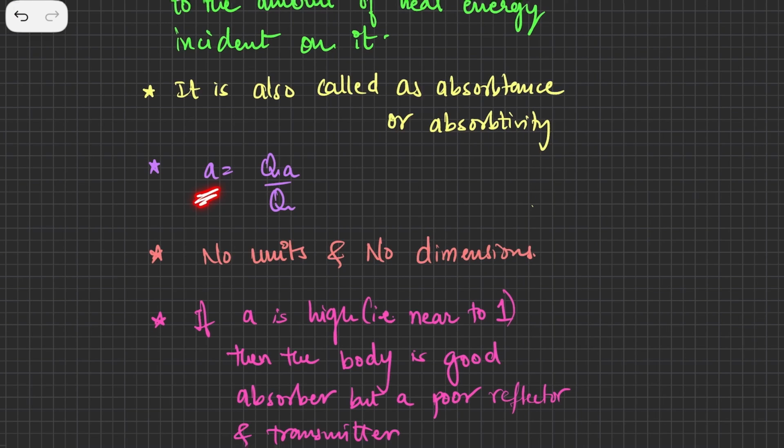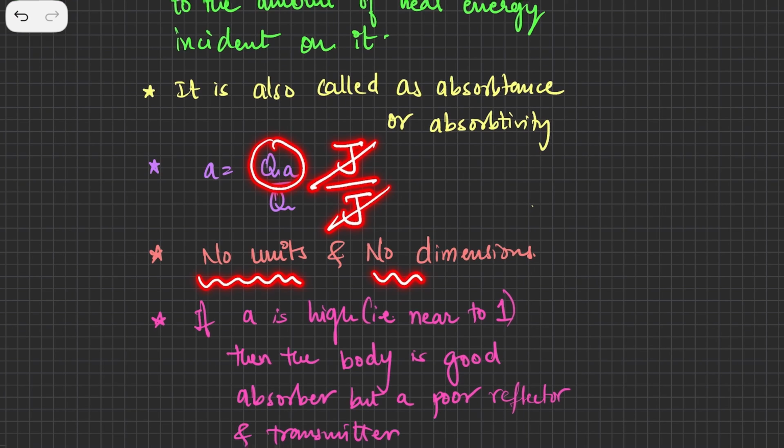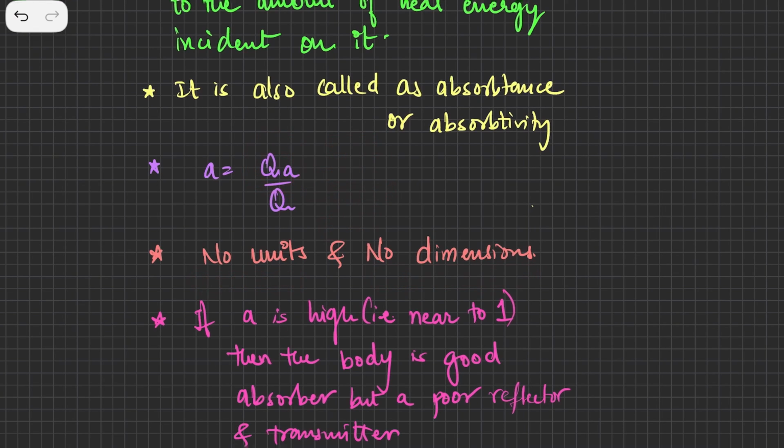So coefficient of absorption is defined as the ratio of the amount of heat energy absorbed to the amount of heat energy incident on it. Because the numerator is energy, the unit is joule, and the denominator is also energy, so the unit is joule. Joule and joule cancel, so you get no units, and it will also have no dimensions.